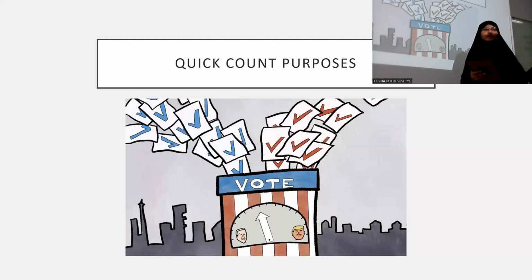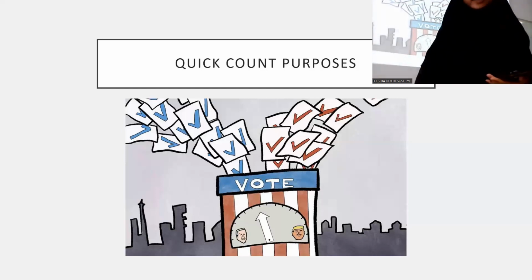That means they can know which player got the highest score. This way, everyone can know who is going to win, and it's fair because everyone can watch and make sure no one cheats. That system serves the same purpose as the quick count.